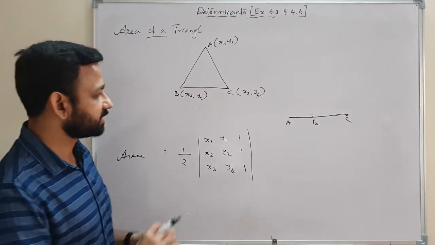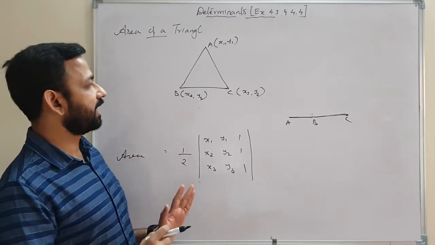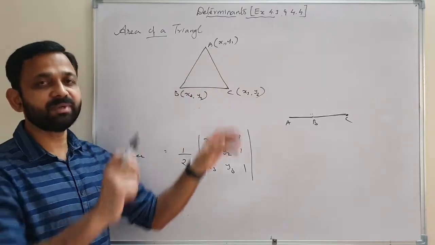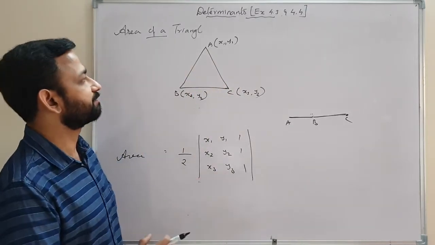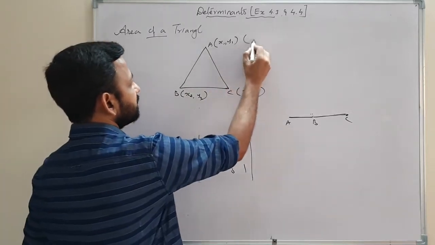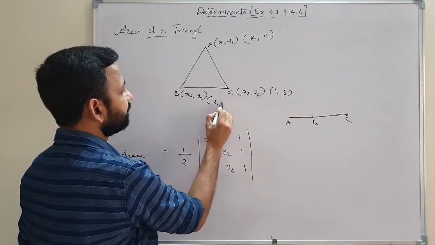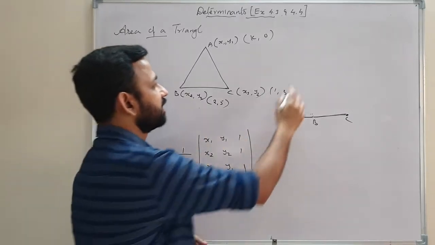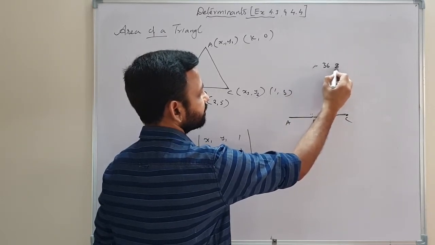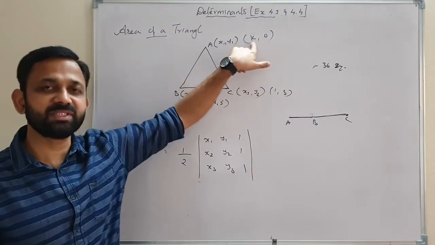Then in some questions, the area will be given and in the place of coordinates, some constants such as k or a may be given. For example, the coordinates k, 0, 1, 3, 2, 5, and the area is 36 square units. The area and vertices are given, but one point is missing.